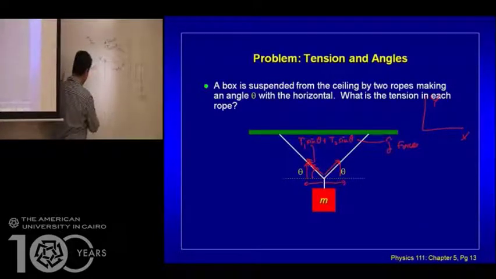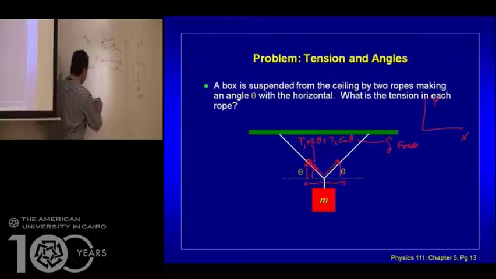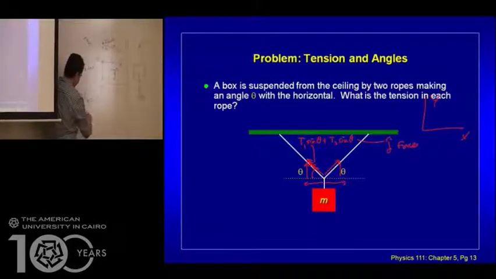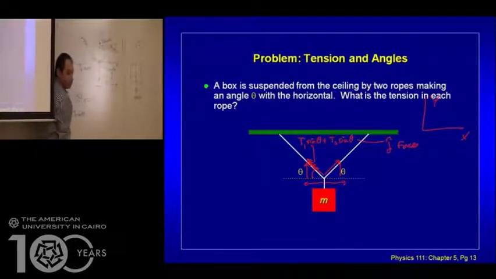Now, the sum of the forces on the x-axis equals mass times acceleration, and equals 0 because there is no motion. What are the forces along the x-axis? T1 cosine theta along the positive x-axis minus T2 cosine theta equals 0.